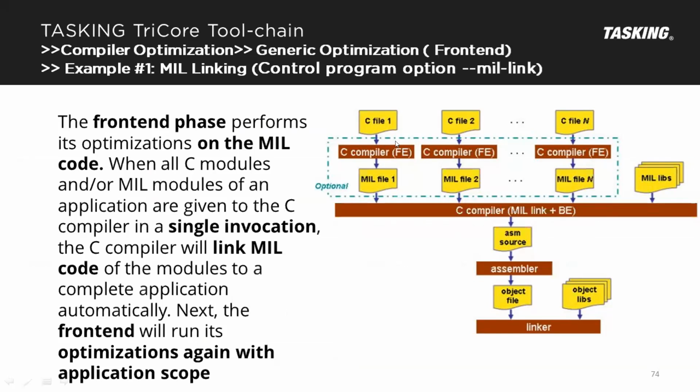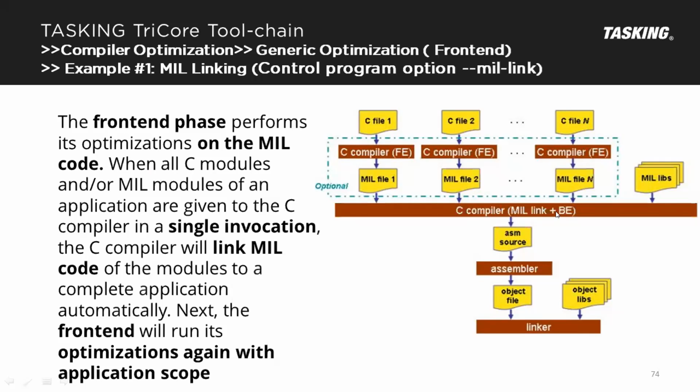The front end will apply its optimization on the mill code, and then it will be passed as a single invocation to the C compiler, and the C compiler links all this mill code together and then applies the front-end optimization one more time on the application level.